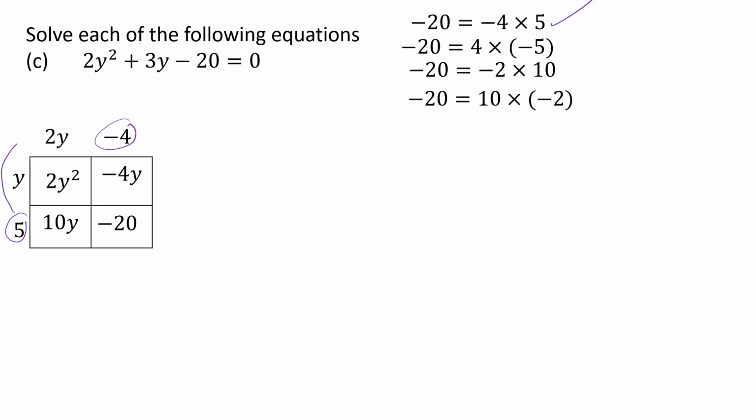So that 5 times negative 4 gives me negative 20. And then y times 2y gives me 2y squared. And y times negative 4 will give me negative 4y. And 5 times 2y will give me 10y.